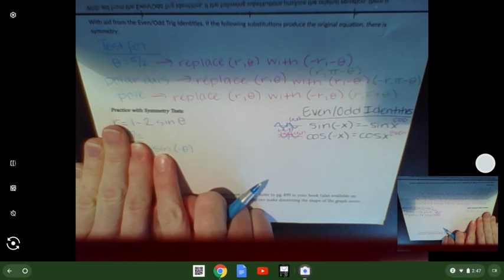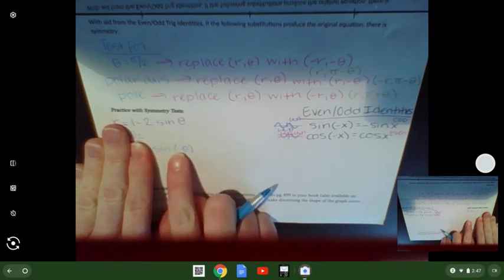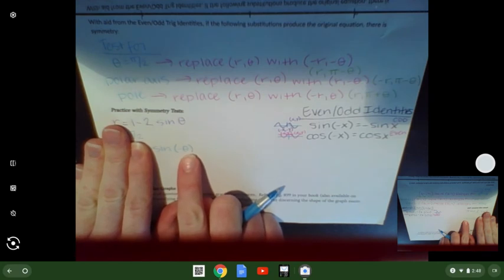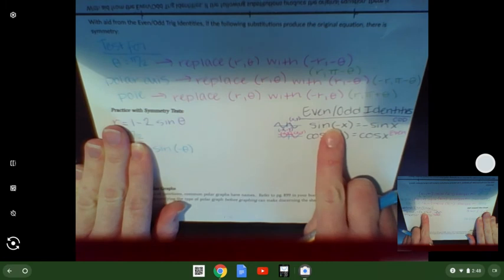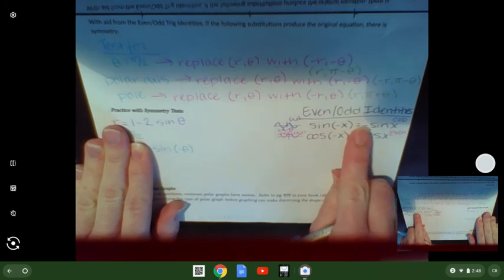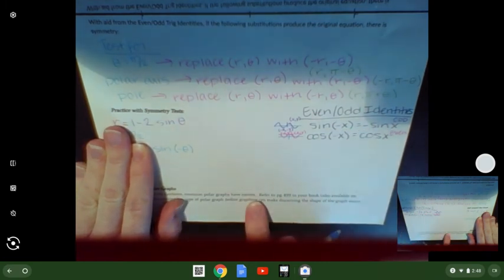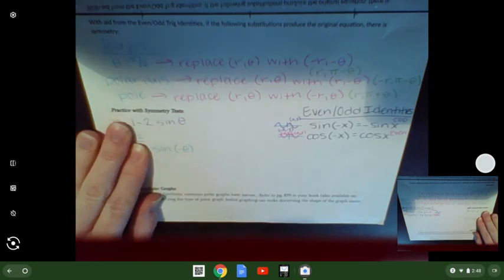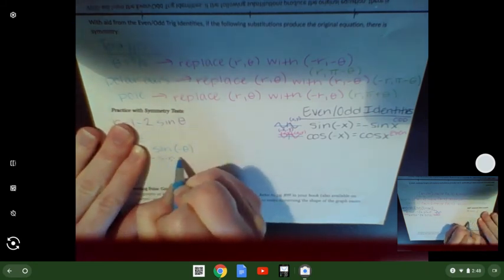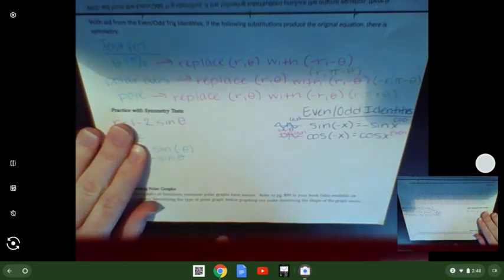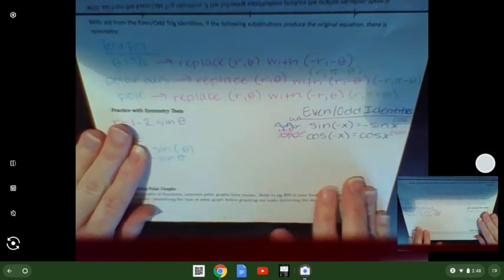Sine, we know, is an odd function. Sine being an odd function means when I plug in a negative input, I'm going to get the opposite output. So I can simplify this part right here to be negative sine of theta by using, in this case, the odd identity for sine.